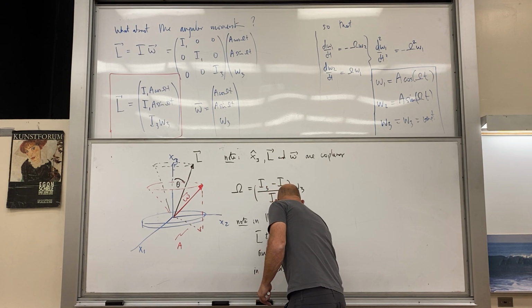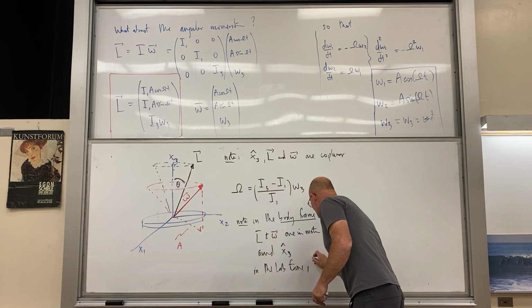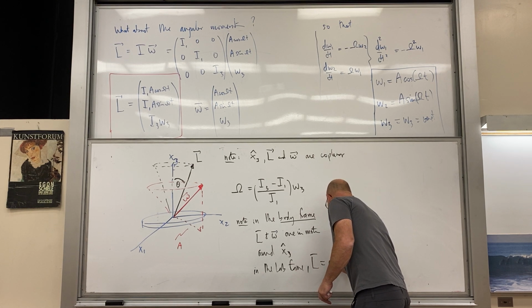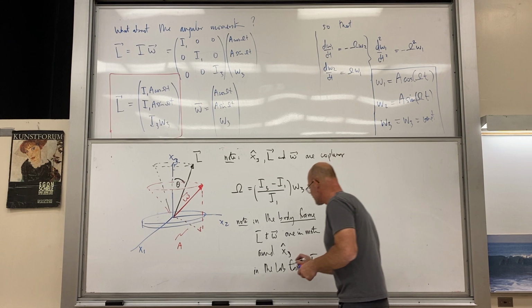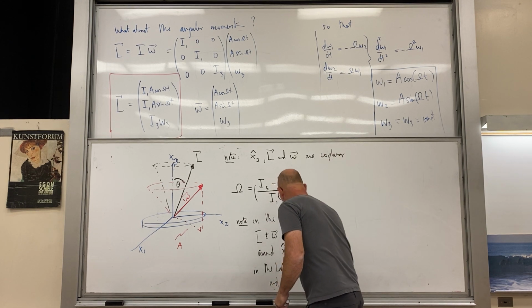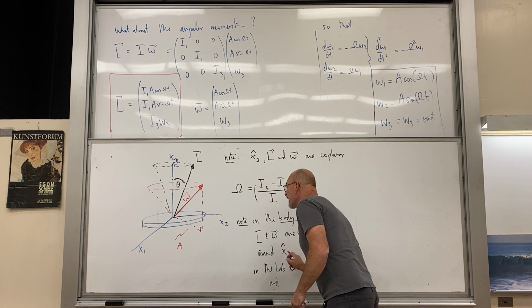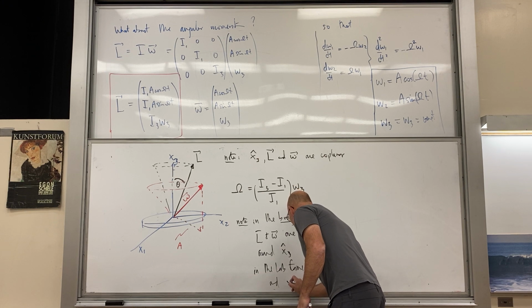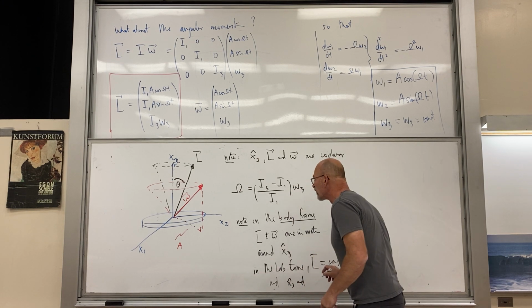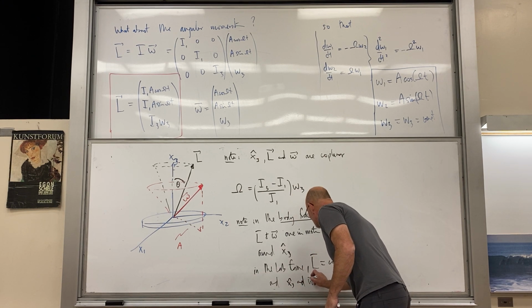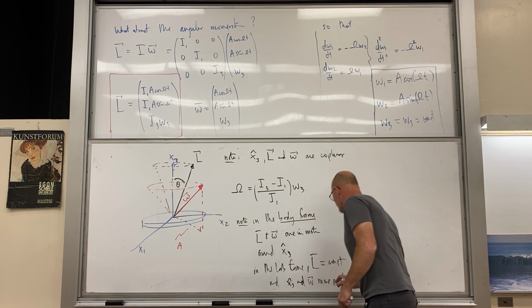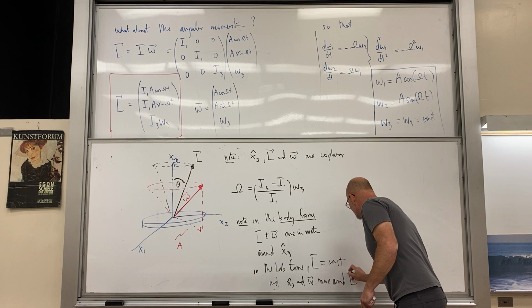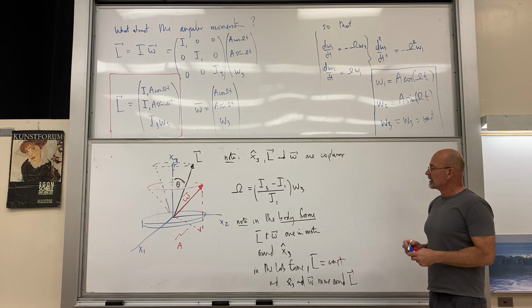But in the lab frame, L is constant because we have conservation of angular momentum. And in that case, x3 hat and omega move around L. Good.